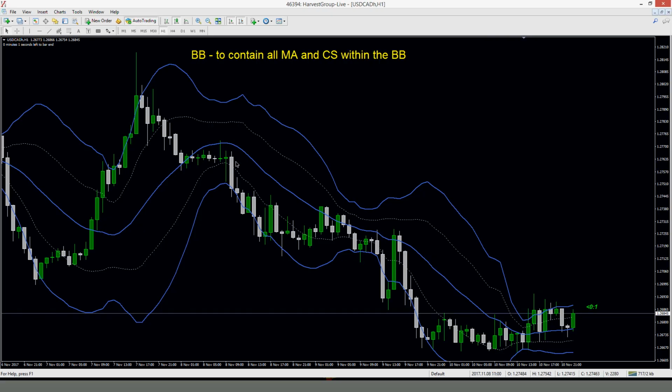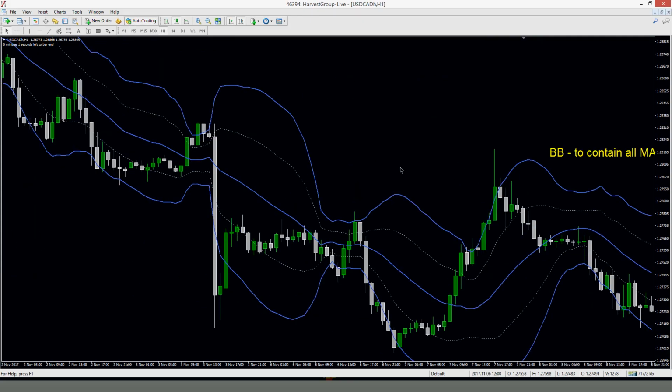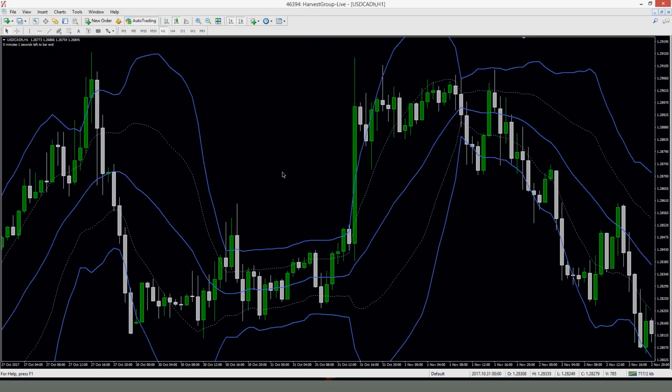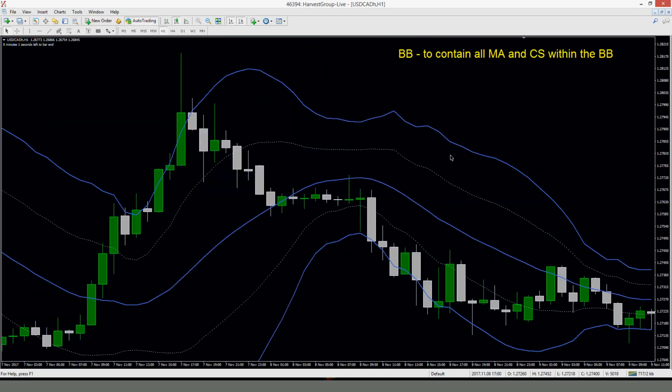Okay, so Bollinger Band. Just a quick introduction over here. Let me just zoom in over here. Okay, so Bollinger Band has three basic lines, which are the middle BB, the top BB, and the low BB. But obviously, what I practice is from the teaching that I had from my teachers.